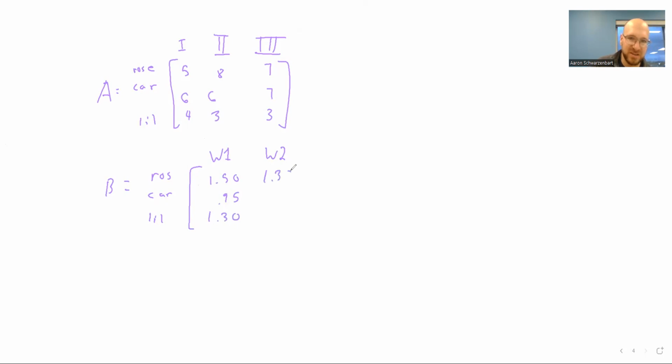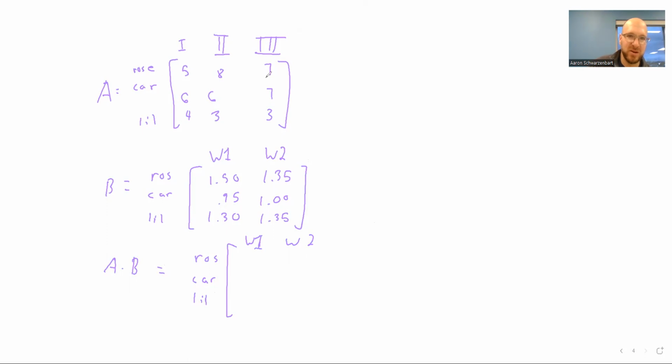So for simplicity, they're wanting to use this. And so to find the total cost of the three arrangements, we're going to do A times B. And that's going to give us a matrix of roses. And I'll show you when I get done with this why this works.